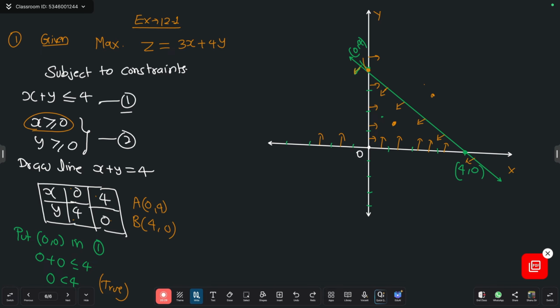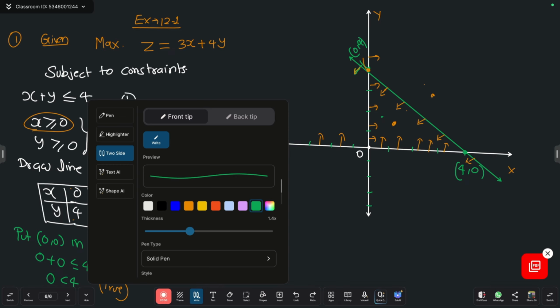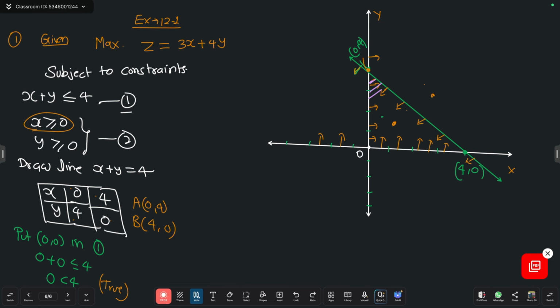So finally, what is your feasible region? You have to follow all the arrows. This arrow says come to the right side. This said come downside. This and this said go upside. So the feasible region is this region.